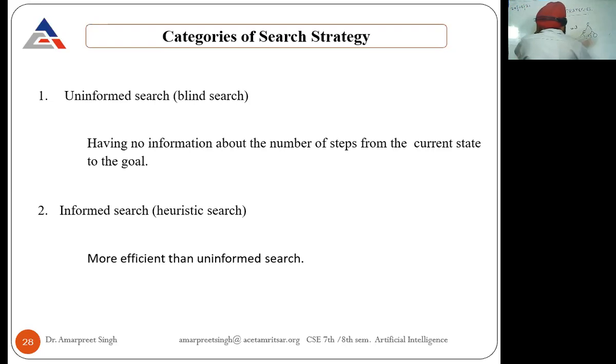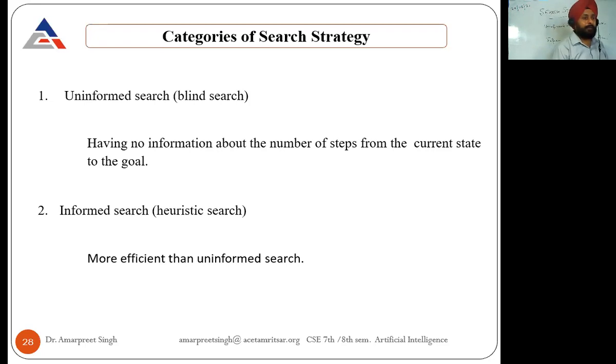Uninformed search is also known as blind search, but heuristic search or informed search is also known as open search, or clues.